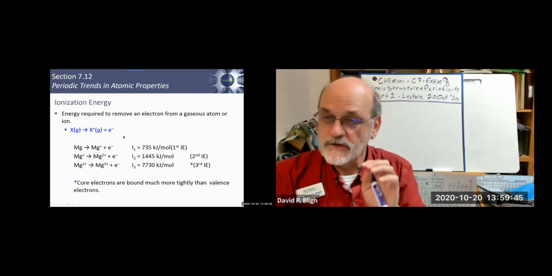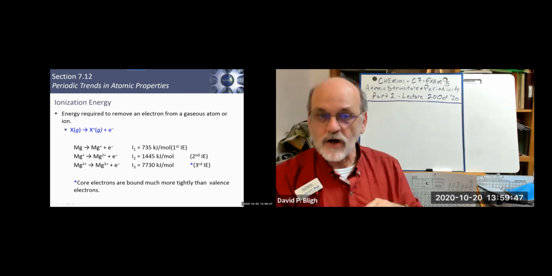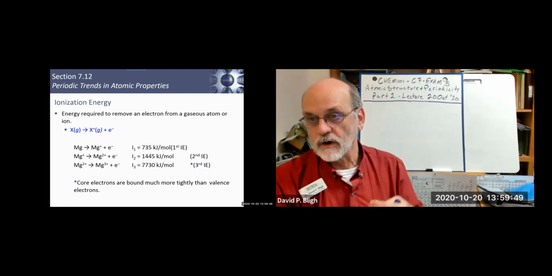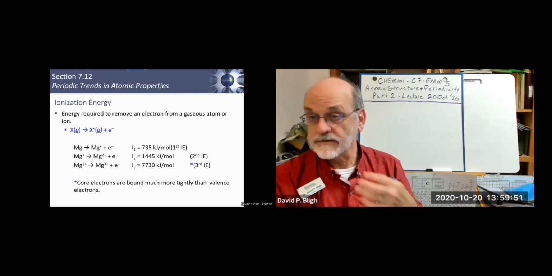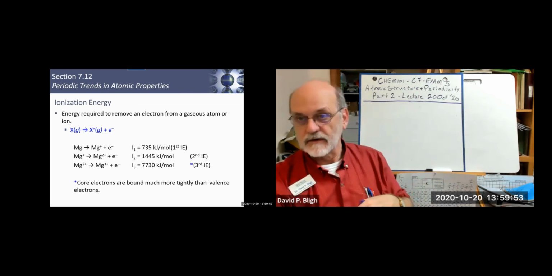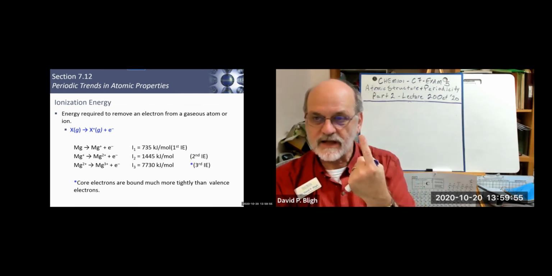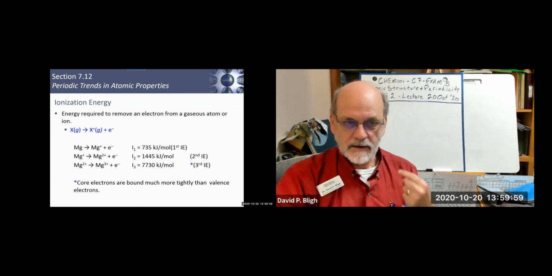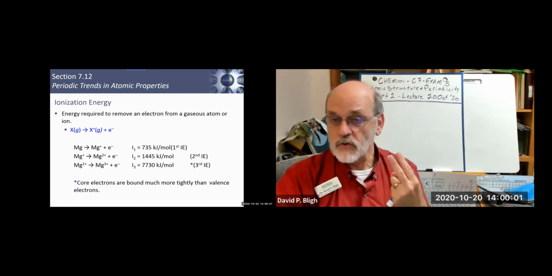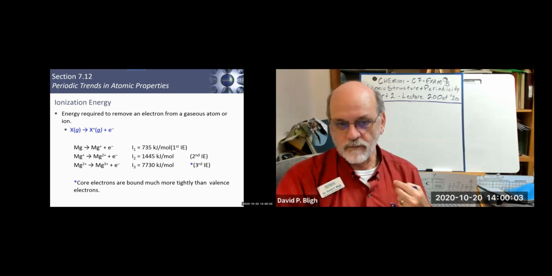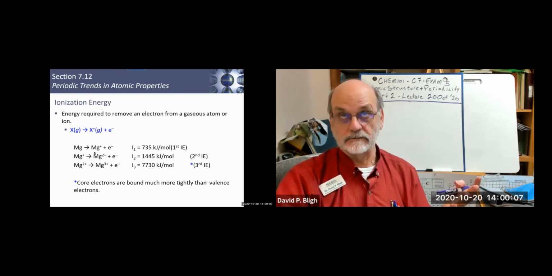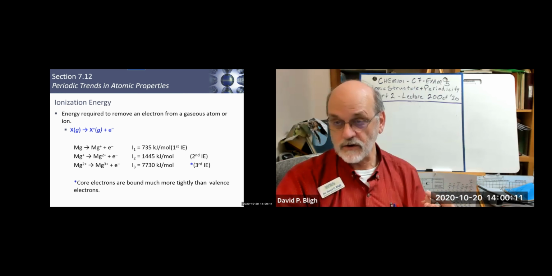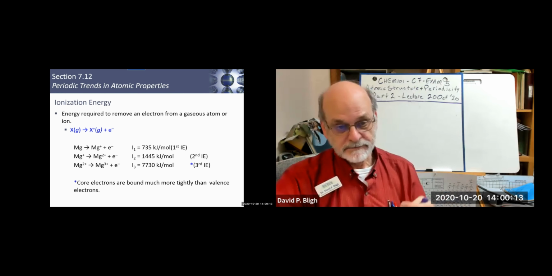Now that's for the neutral atom. You can also say ionization energy for any of the ions if there are enough electrons, right? You can only have 1 ionization energy for hydrogen because it's only got 1 electron. But for helium, you can have 2 ionization energies. Or for magnesium, it's easy to have 3. Right? Magnesium's got 20 electrons, so you can go really high with that one.